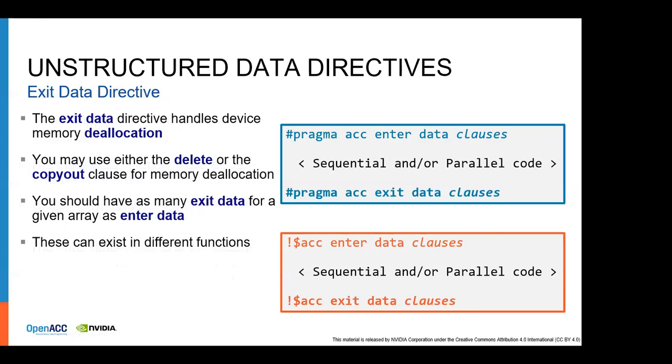When you are reaching the exit point, this is where you are deallocating memory and deleting the temporary data you have created, or copying out the data to the CPU, and after that having the memory deallocated.